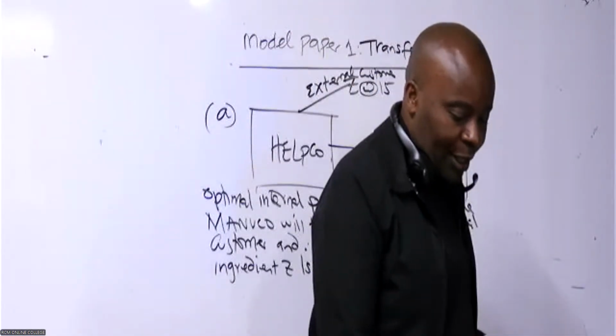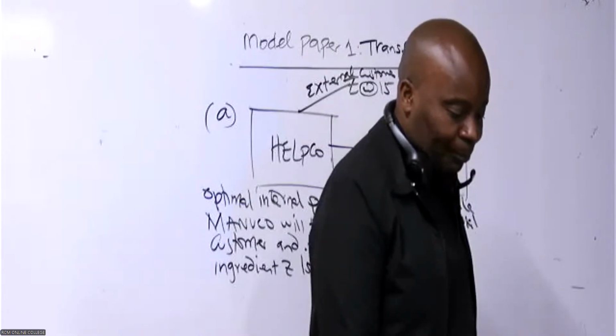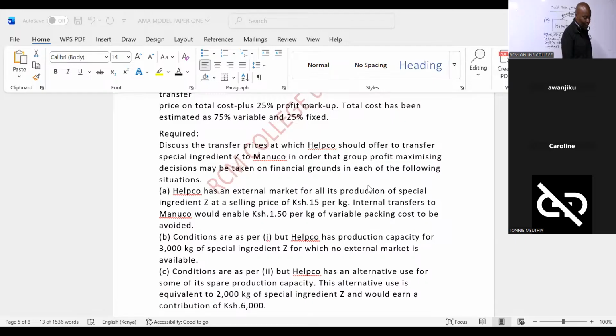We are told packaging cost, is it 5? It's 1.5. We are told somewhere here that internal transfers to Manuko would enable 1.5 per kilogram of variable packaging cost to be avoided. So then that has to be passed through to our sister department.